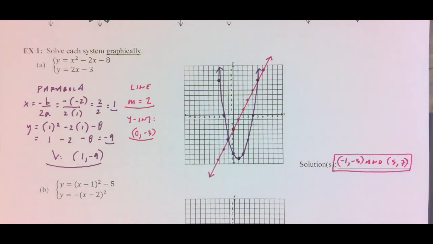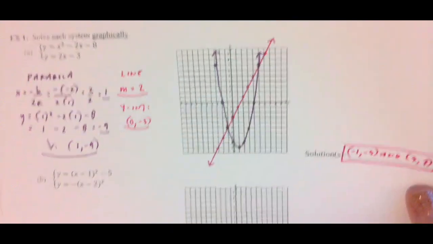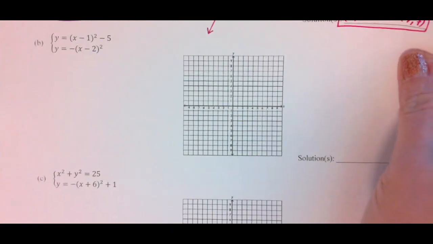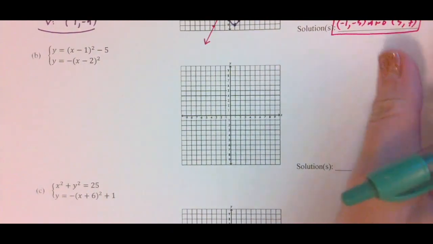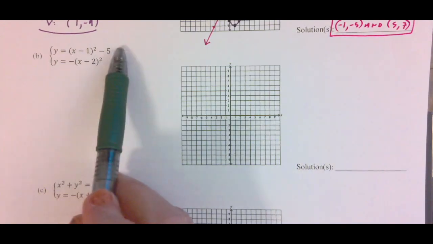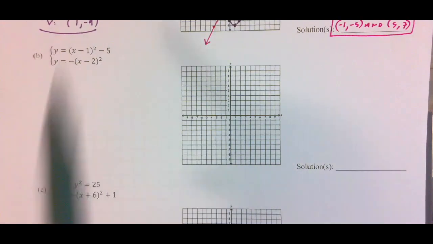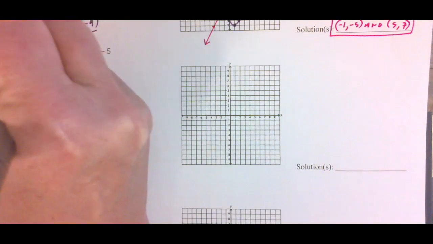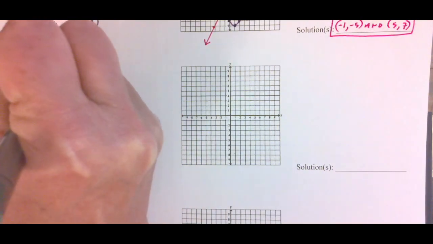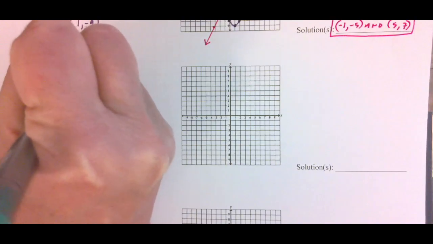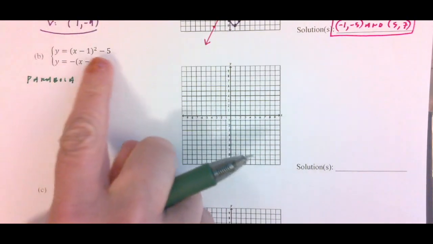Okay, next set of 2. We slide it up. All right, so 2 equations. That first equation, I can recognize it as a quadratic function, so it graphs as a parabola. And so is the second one, right?